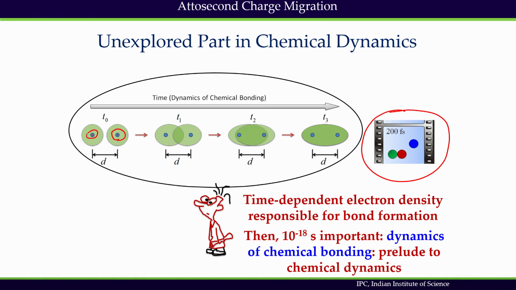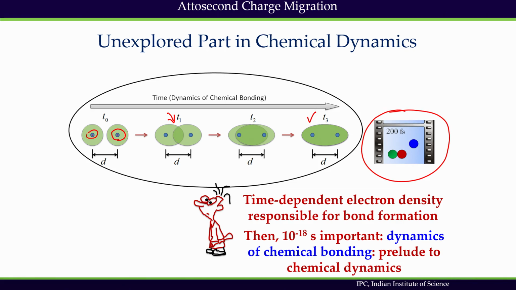If we somehow get an opportunity to initiate chemical bonding, what will happen? The electrons will start sharing the space, and in the end we get a bond between the two nuclei, and this bonding is done purely by the electrons. So time dependent electron density is responsible for any bond formation.